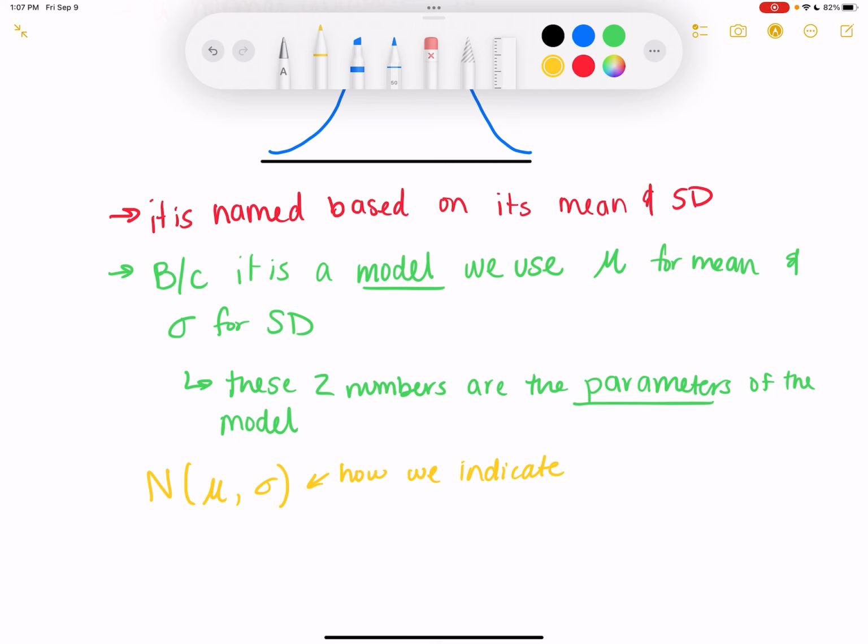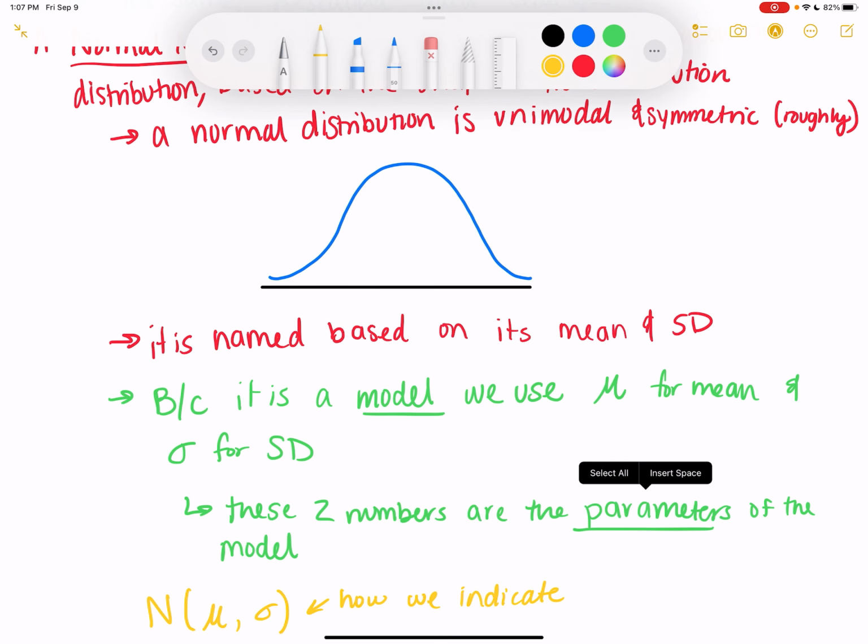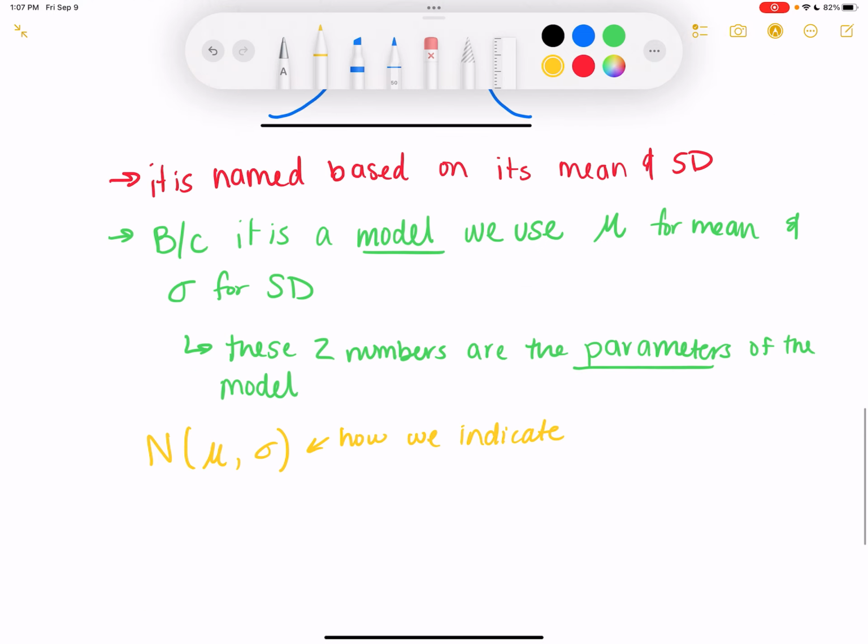Well, technically graphing, yes, but it's how you set this up. The middle of this is the mu, and every standard deviation you go away from it is a sigma. So this is how we indicate the normal model that we are using.